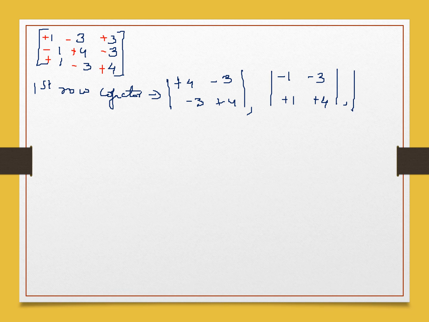Then ignore the third column: 1 times 3 minus 4 times 1.